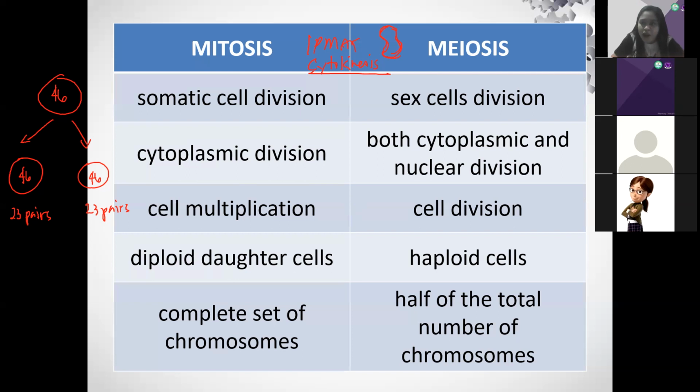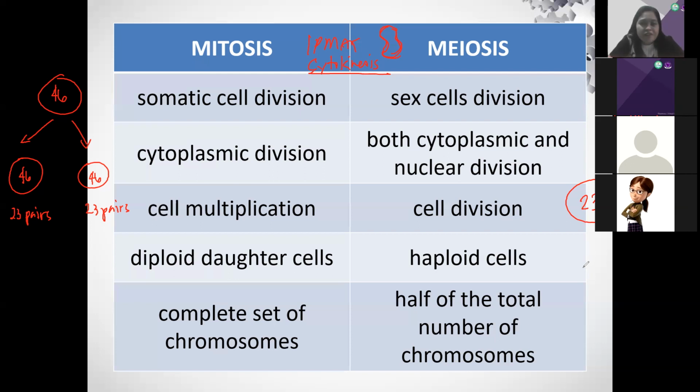So if you have one egg cell, kasi babae tayo lahat dito, pag nag-undergo yan ng meiosis, you will have two daughter cells, but these two daughter cells will only contain half of the total chromosomes, kaya haploid. So if this one contains 46 for example, you will have 23 and 23 here.